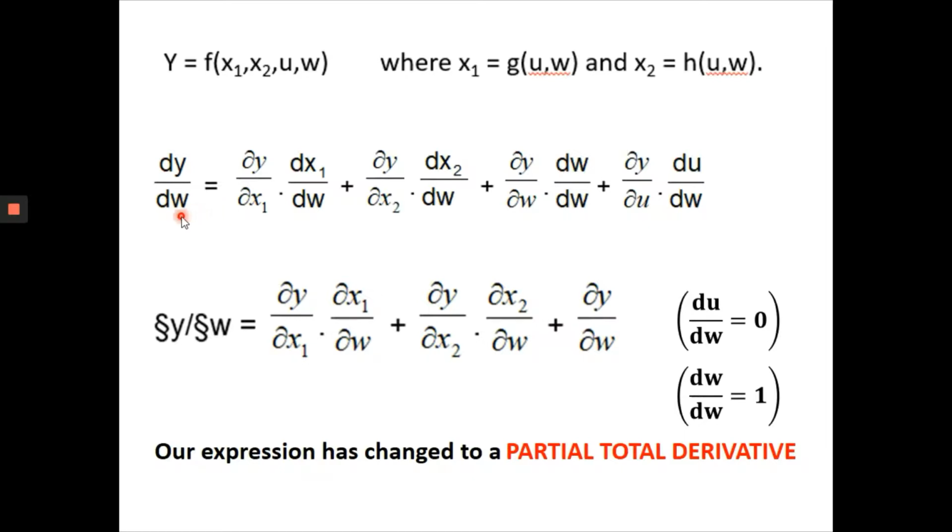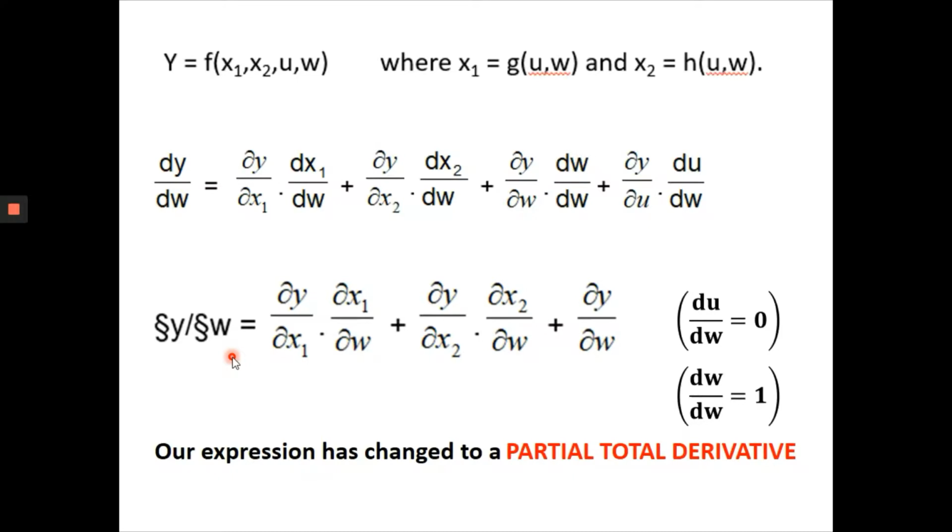So in order to indicate that, we will use this notation here, and our expression we now can refer to as a partial total derivative. Okay, so that differs from the examples that we've been working up until now, where we have been finding the total derivative. We now have the partial total derivative because we are holding, in this example now, u constant.